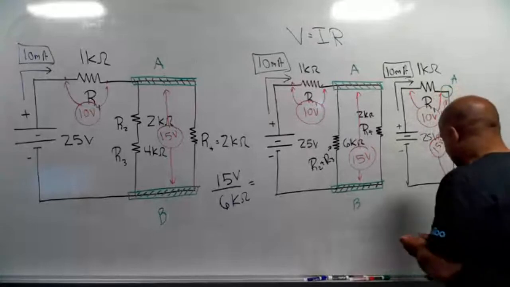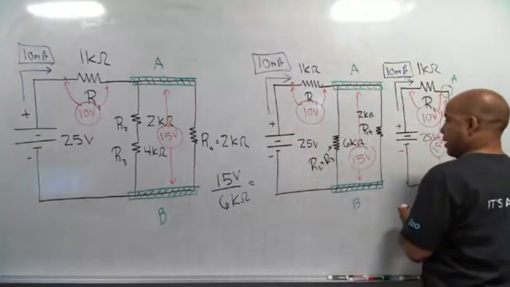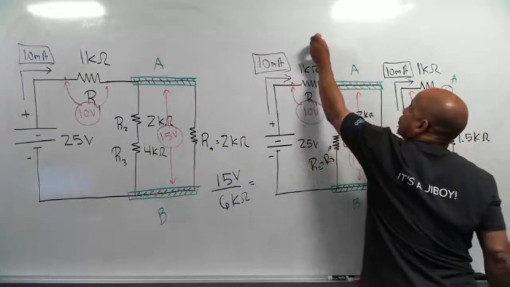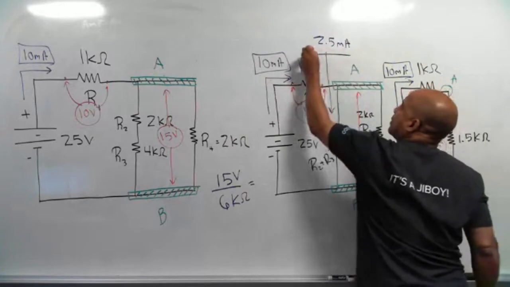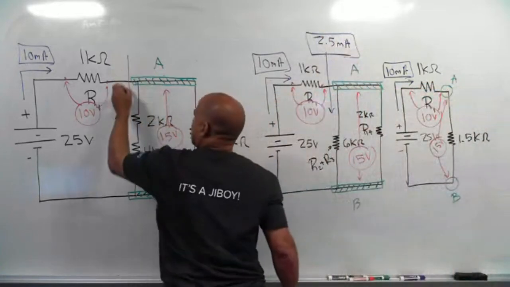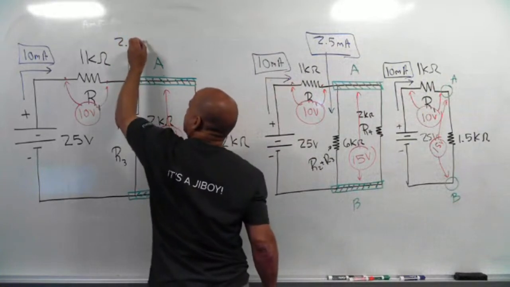I'm going to keep using the same color for current, going by the color code. And for this current, you get 2.5 milliamps. And right away, what I want to do is show it going into this branch. Another diagram, 2.5 milliamps.